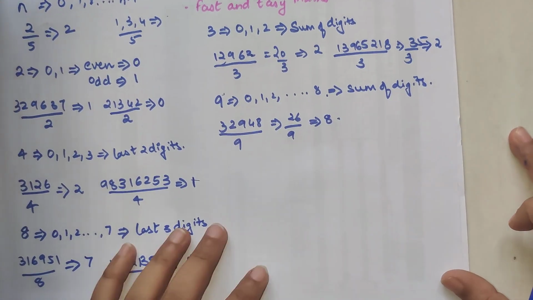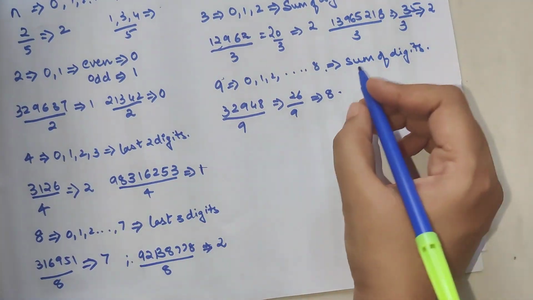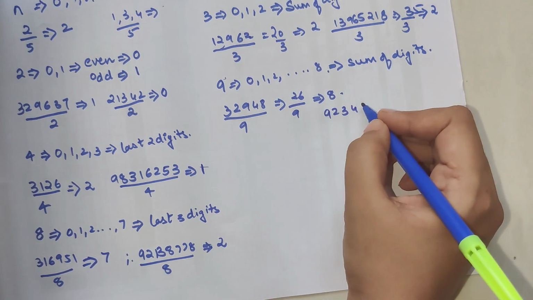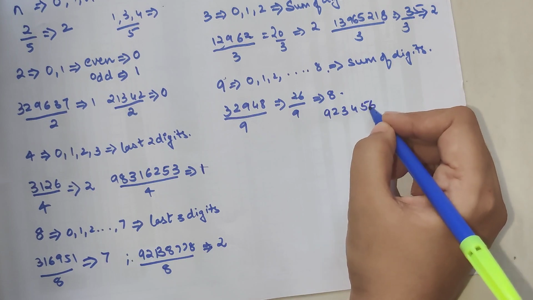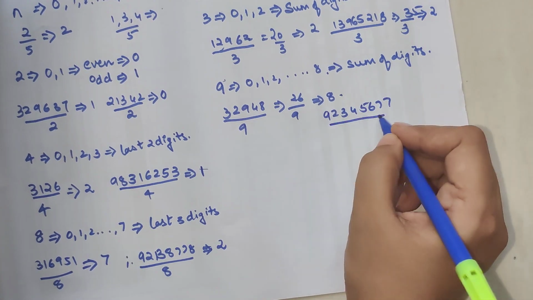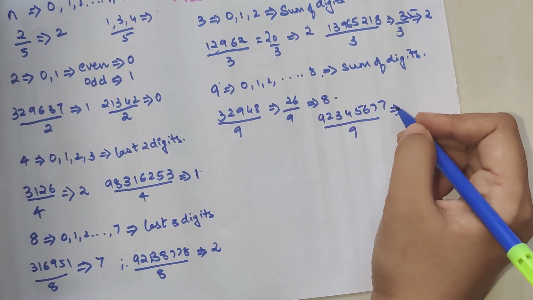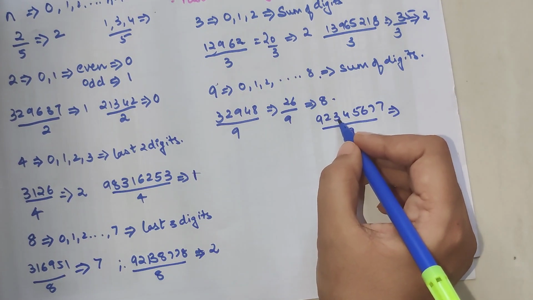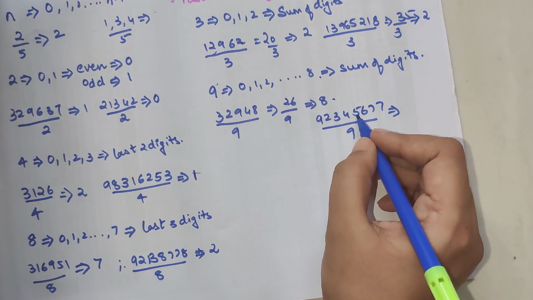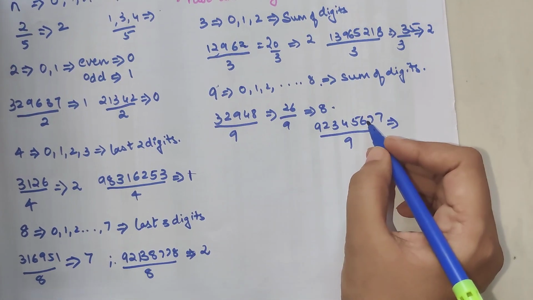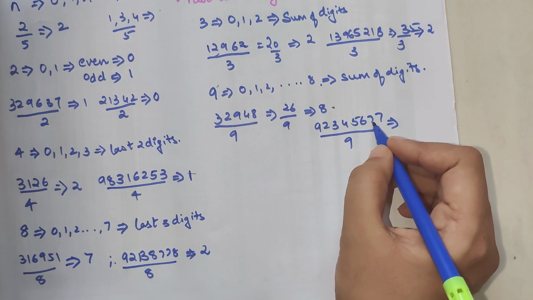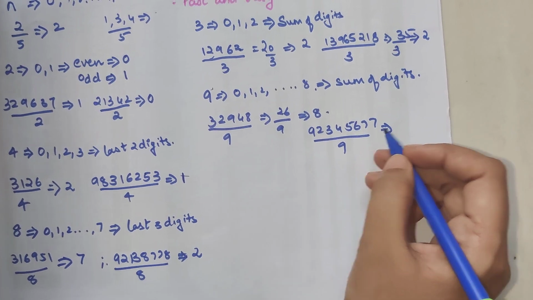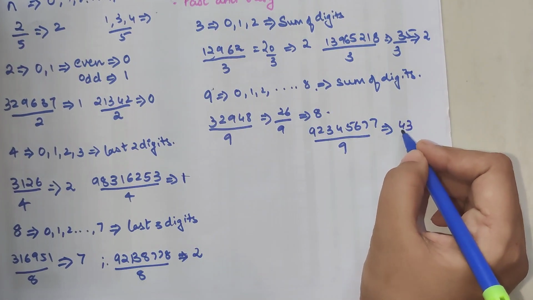Okay, so now let me give you a big number. 9, 2, 3, 4, 5, 6, 7, 7. Here the total is nothing but 9 plus 2 is 11, 11 plus 3 is 14, plus 4 is 18, 18 plus 5 is 23, plus 6 is 29, 29 plus 7 is 36, 36 plus 7 is nothing but 43, 43 divided by 9.